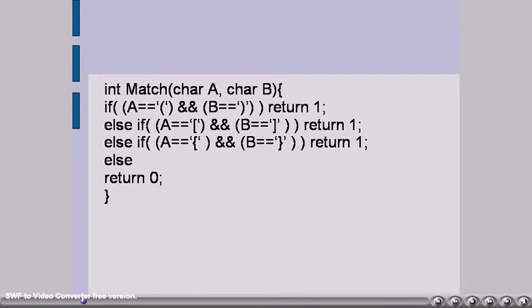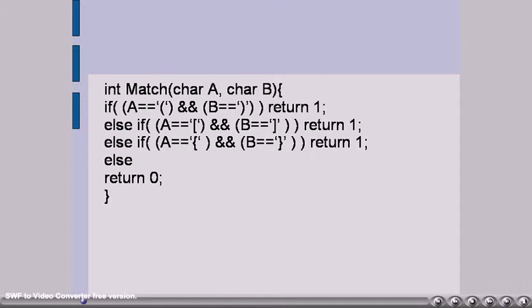The match function takes two character type of arguments and returns 1 if the first character is any type of opening bracket, either an opening parenthesis or square bracket or opening curly braces, and the second argument B is the respective matching closing bracket, otherwise it returns 0.